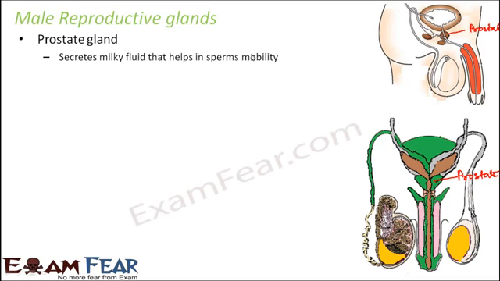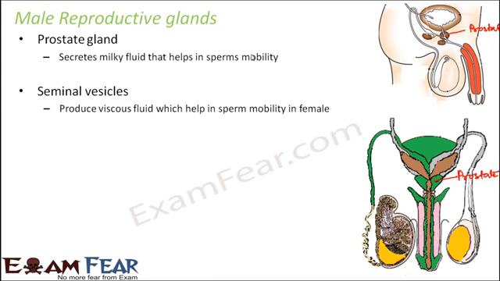So when you have a lot of fluid, it helps in the mobility of things which are present in the fluid. Similar is the case here. The sperms are mobile due to the presence of their tail, but when there is a lot of secretion, a lot of fluid being present, it helps in the mobility of the sperms. So next is the seminal vesicles.